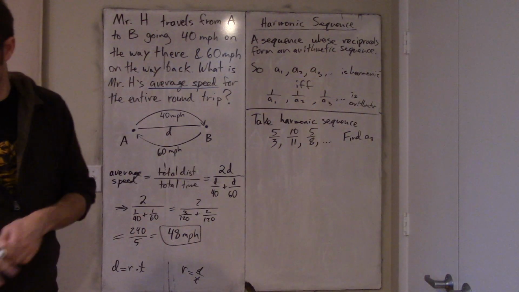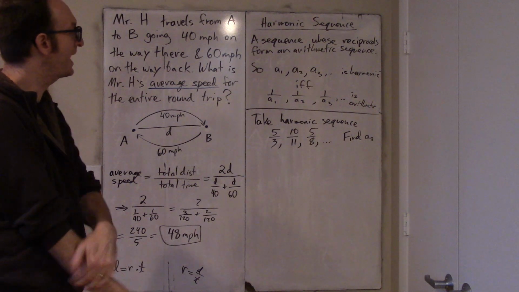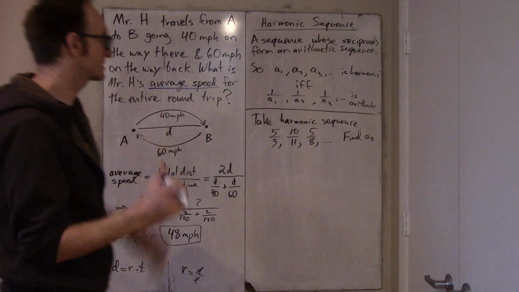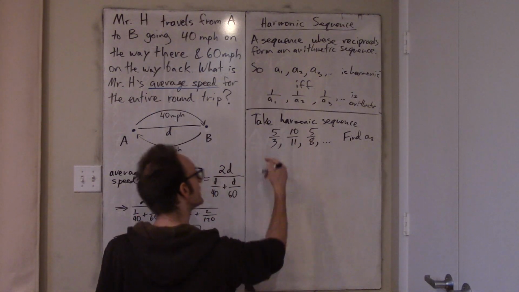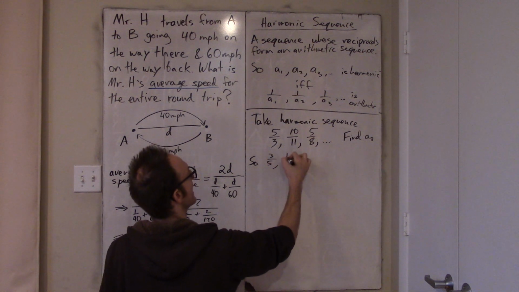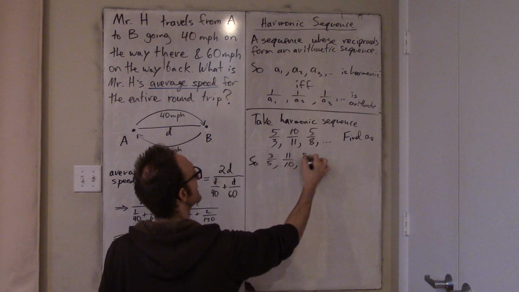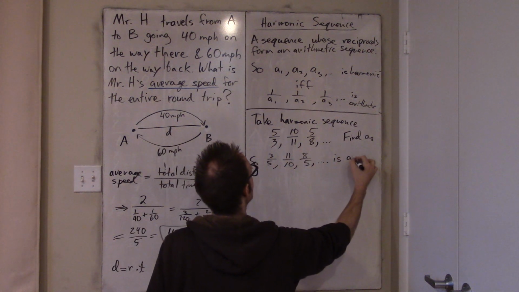Okay, so once again, I usually give a couple minutes in class for you to work this out, but I don't think it's that hard because, well, we just can do it, right? What is the definition of what it means for the sequence to be harmonic? Well, it means that I know that 3/5, 11/10, 8/5, that sequence is arithmetic.